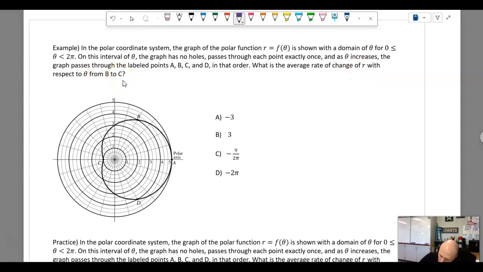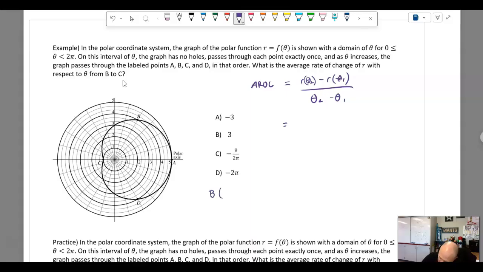So again, I want the average rate of change, and that is going to be the radius at theta 2 minus the radius at theta 1, over theta 2 minus theta 1. Here they say from B to C, so we need these points.